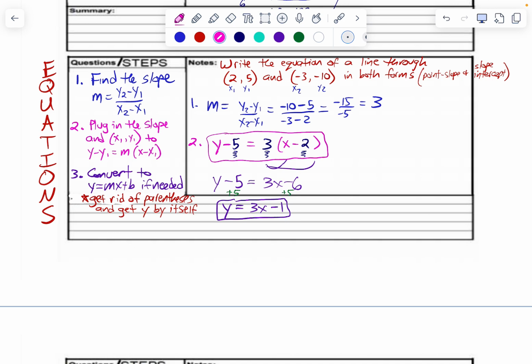Our job is going to be to write equations of parallel and perpendicular lines, okay? So if I said write an equation of a line parallel to that, well, we learned yesterday that the slope has to be the same. But if I have the same y-intercept, it's the exact same line. So it wouldn't be parallel anymore, it would just be the same line.